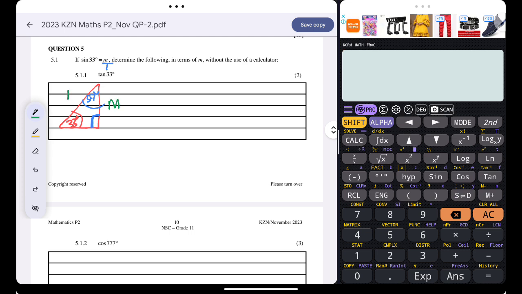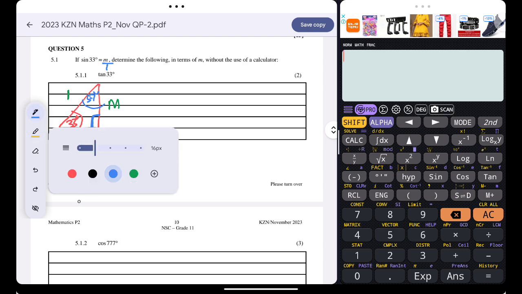I can only find the adjacent side by using the Pythagoras theorem. I'll simply say x squared is equal to r squared minus y squared. My r squared is 1, my y squared is m squared. This is equal to x squared. Therefore, x is equal to the square root of 1 minus m squared, right?